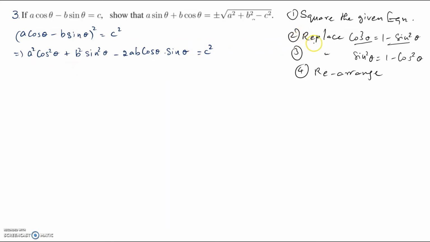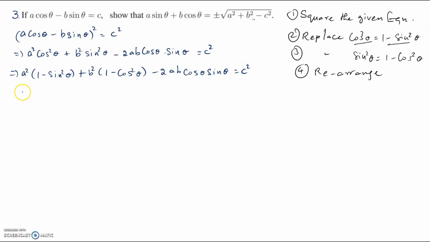Next, step number 2. Replace cos squared theta by 1 minus sin squared theta and sin squared theta with 1 minus cos squared theta. So, replacing these two terms, this will be A squared into 1 minus sin squared theta plus B squared into 1 minus cos squared theta minus 2AB cos theta sin theta is equal to C squared.